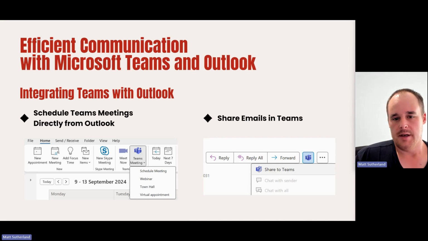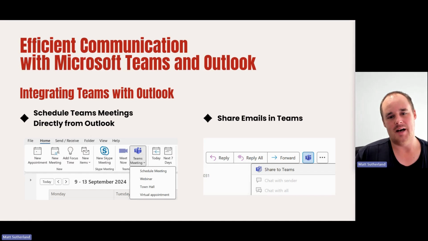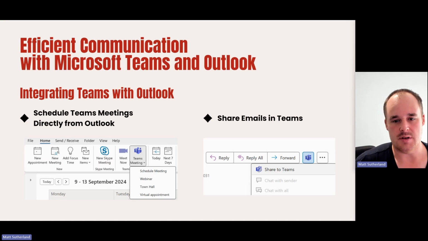So integrating Microsoft Teams with Outlook, you can see it here. You can schedule Teams meetings directly from Outlook, and it gives you all the same look and feel features that you're used to with your Outlook calendar. It can set up those virtual meetings, whether it's internal or external, and allow you to send out the calendar invite, create recurrences, and do all the things that you would normally do.